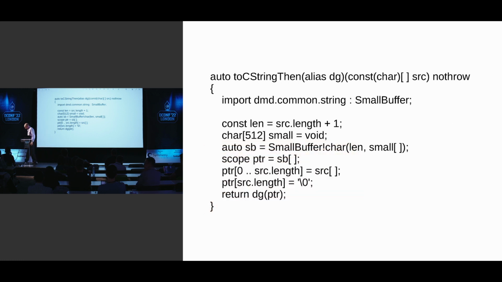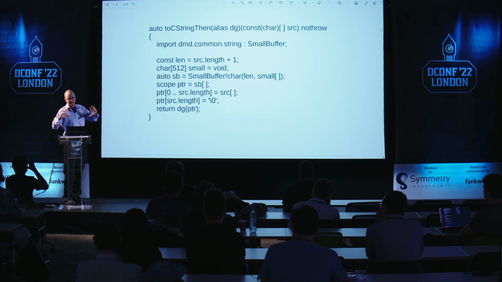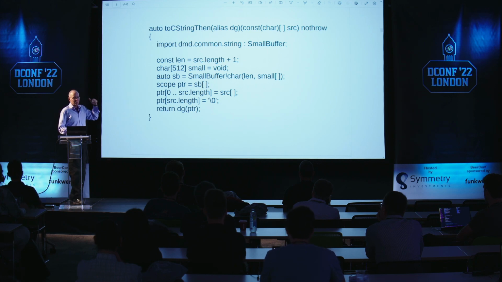Now, how can this actually work? Or what is happening here? Well, the traditional way is you create the string, add a 0 to it, and then call a function that does something with it. Well, what this delegate does is the function that does something with it is passed in.